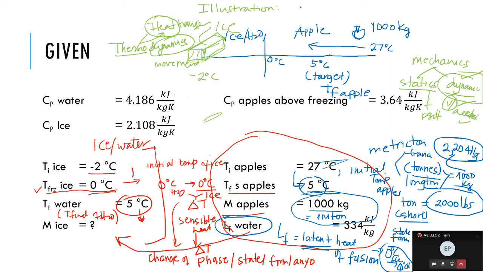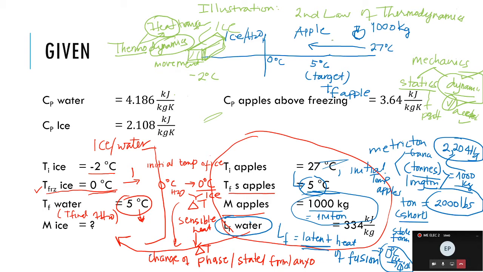What's that law? The second law of thermodynamics. So the first law is already understood. The first law states the law of conservation of mass or energy. Energy cannot be created nor destroyed.